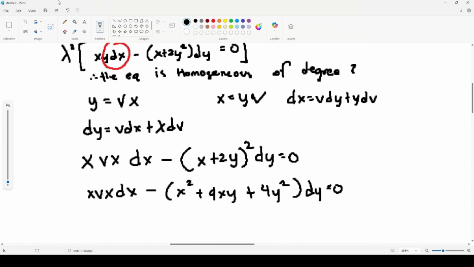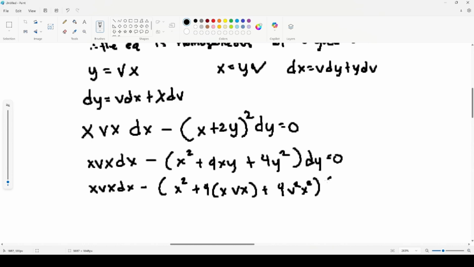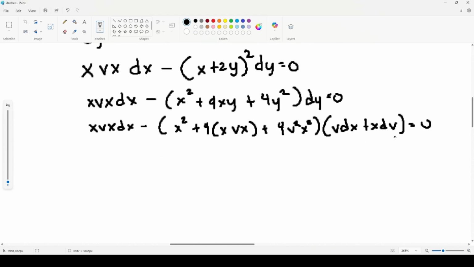Now we can substitute vx: x(vx) dx minus (x squared plus 4x(vx) plus 4v squared x squared)(v dx plus x dv) equals 0. As you can see, we are multiplying a trinomial with a binomial, which will result in more terms, 2 times 3, six terms.